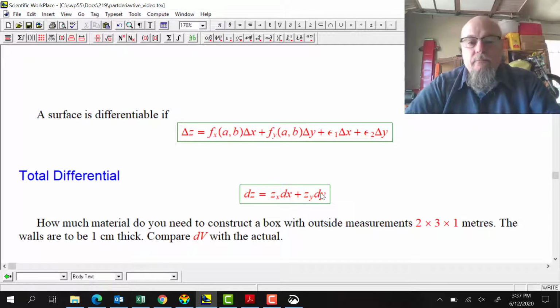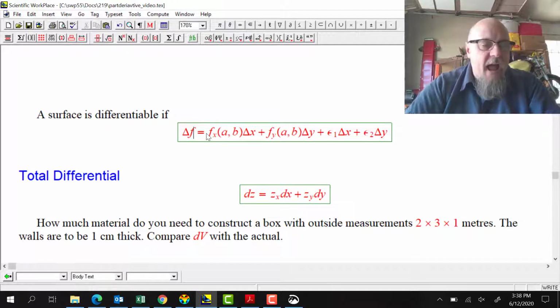Another application of the tangent plane is called the differential. And this looks like, okay, if a surface is differentiable, then the change in the z value, or let's make that the change in the function, well, that's just f minus the point that it's at, f naught, and it's equal to the slope times delta x, where delta x is x minus x naught, and delta y is y minus y naught.